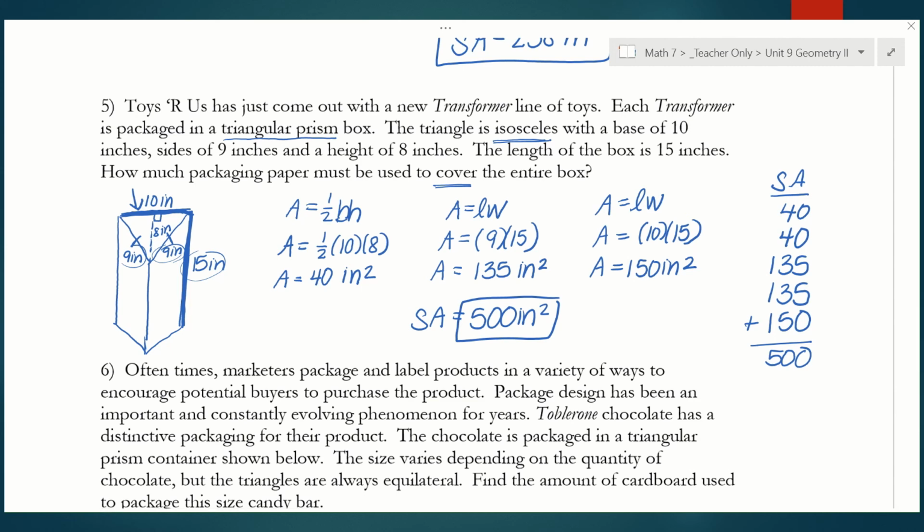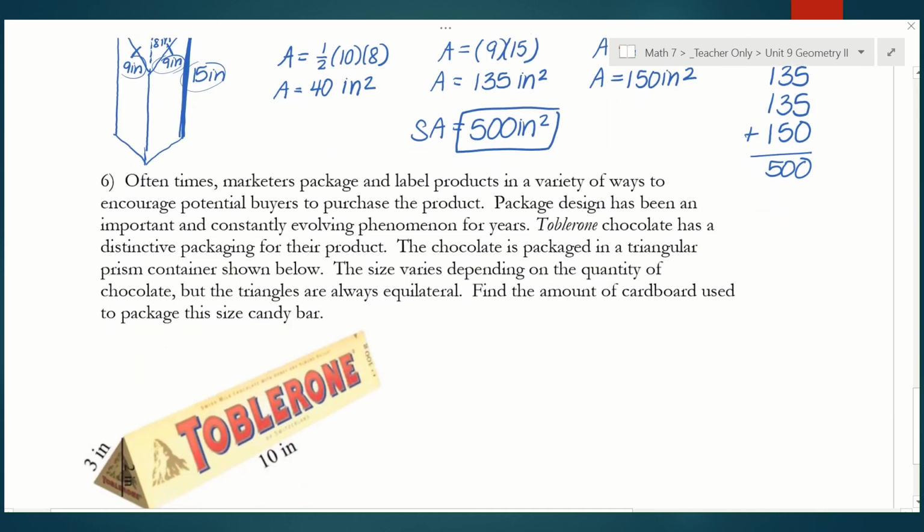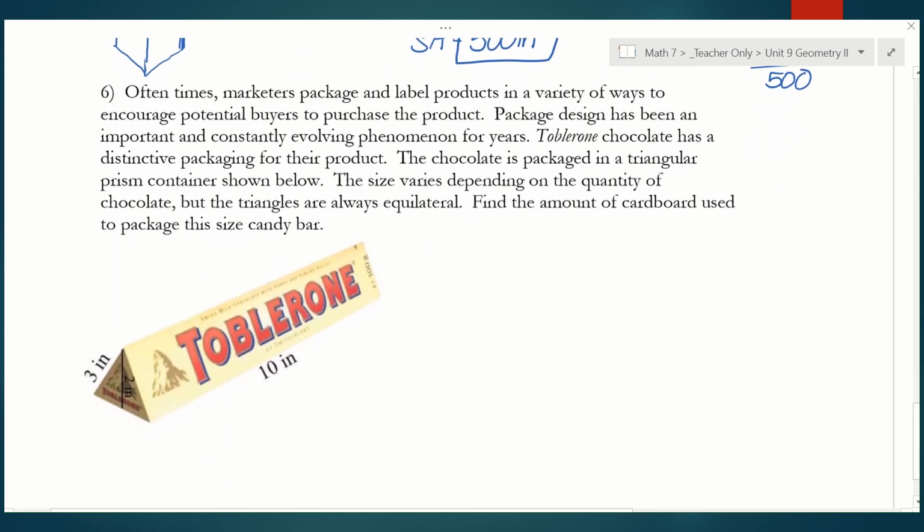All right, last question here, Toblerone. So I have one of these in my classroom. Such good chocolate. So oftentimes marketers package and label products in a variety of ways to encourage potential buyers to purchase the product. Package design has been an important and constantly evolving phenomenon for years.